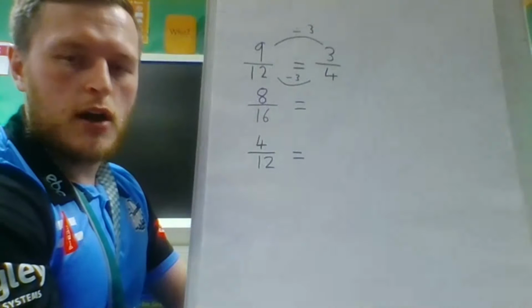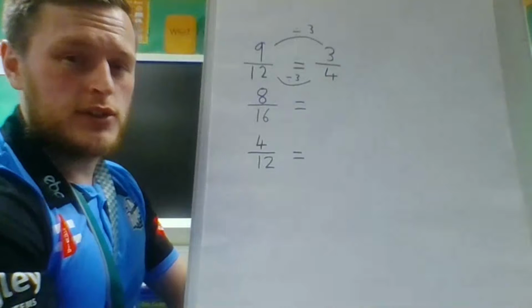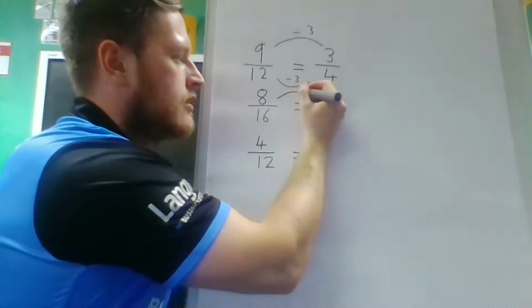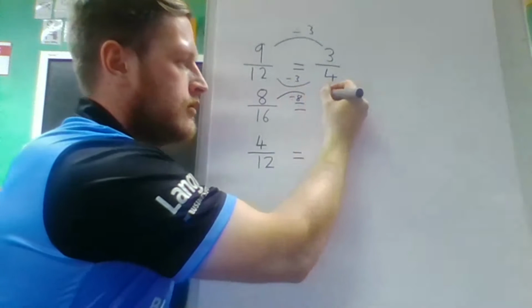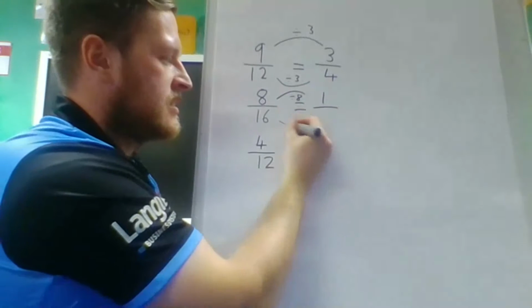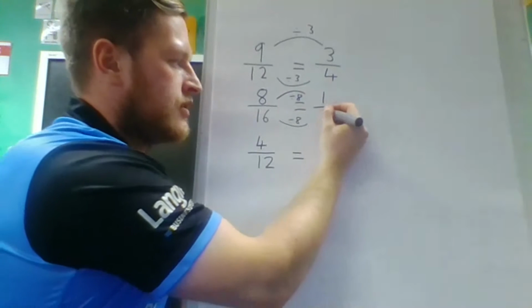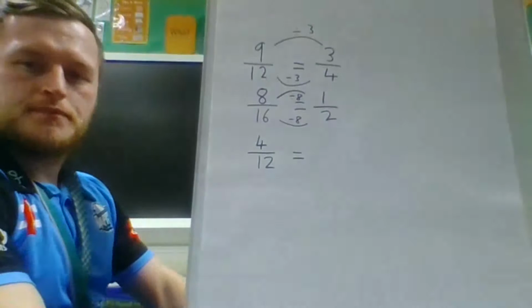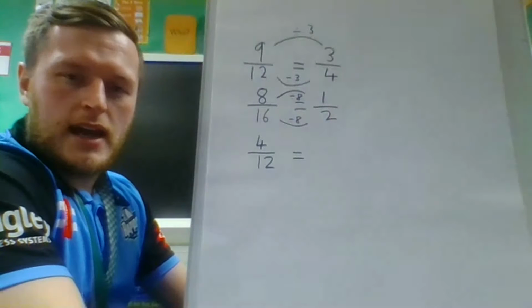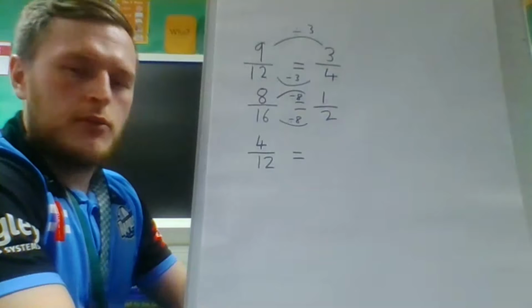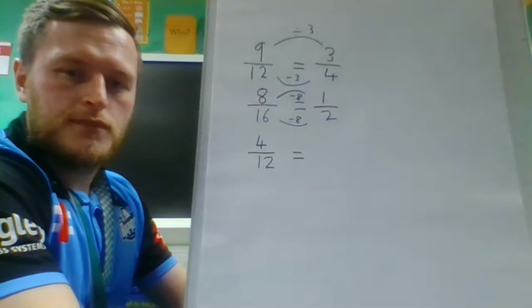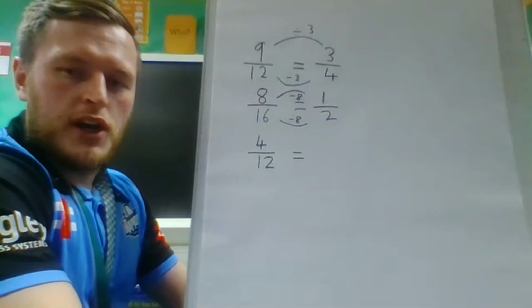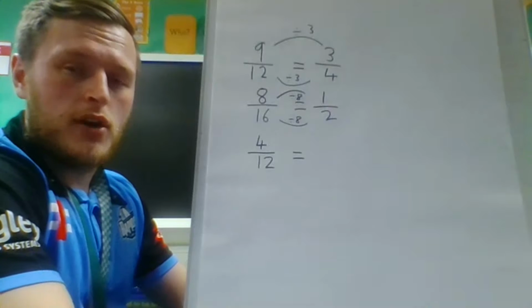The biggest number that they are both in would be the best one to do. So 8 divided by 8 equals 1, and 16 divided by 8 equals 2. So that's how you can do it. Find out which times table they both go into, and then divide by the highest times table that they both go into.